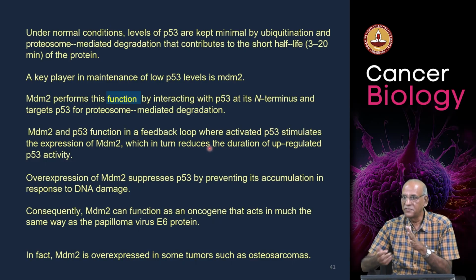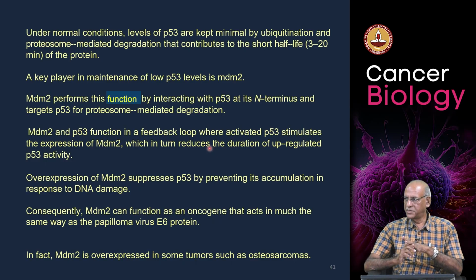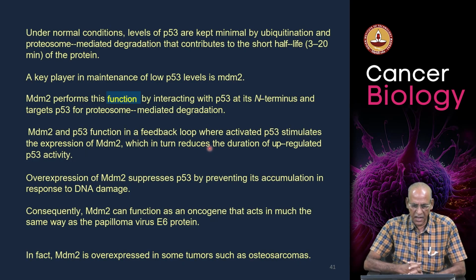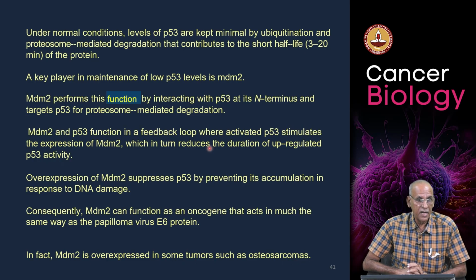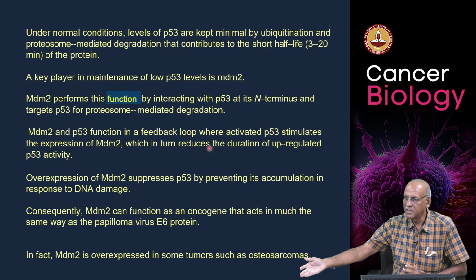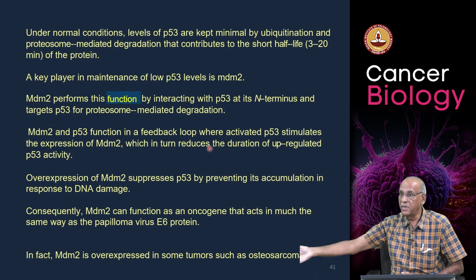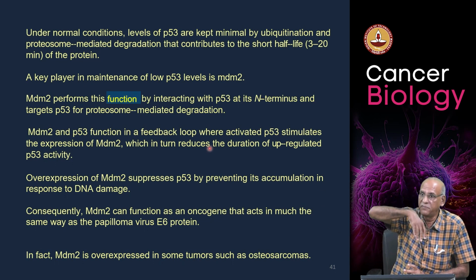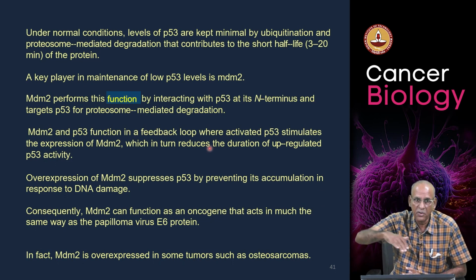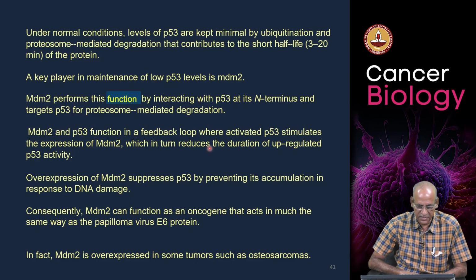So, it is known as feedback regulation. p53 can transcribe MDM2 because it is a transcription factor. One of the genes transcribed is none other than MDM2 itself. So, whenever p53 goes up, it will produce MDM2, which is going to degrade p53, so that p53 levels can be brought down. That is the mechanism.